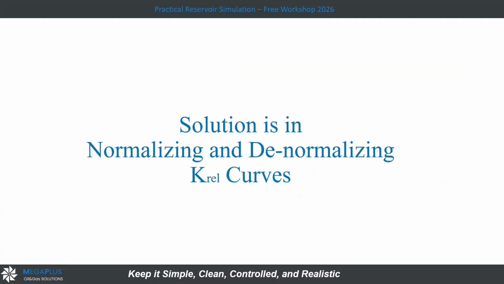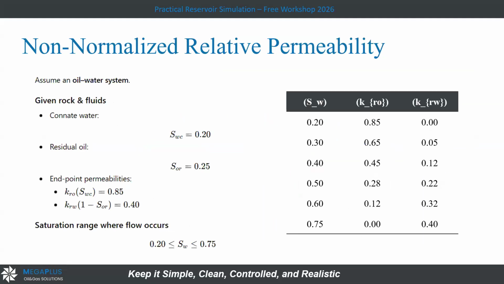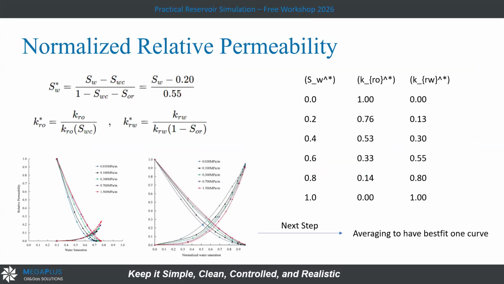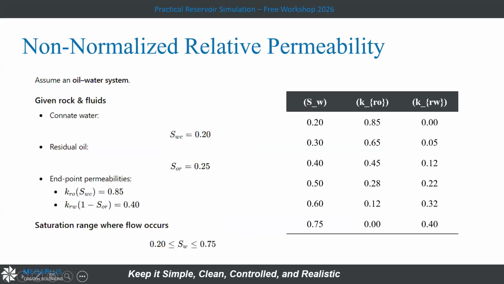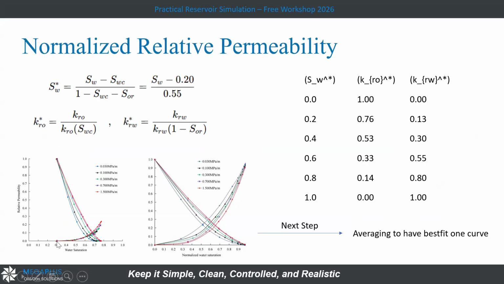And then each relative permeability curve, as an example, if you look at this picture, has a different irreducible water saturation and irreducible oil saturation. So how can I solve this? I will stretch the area that is responsible for the relative flows from 0 to 1.